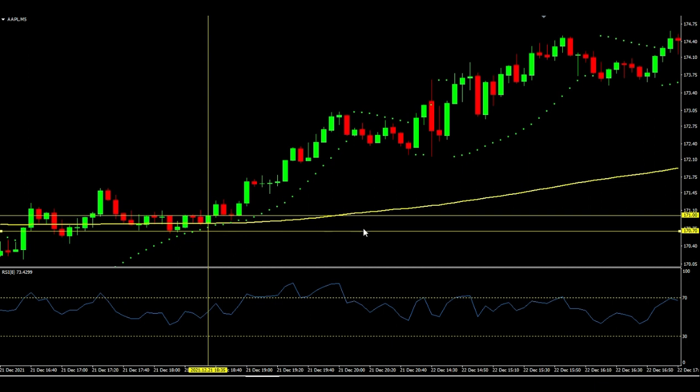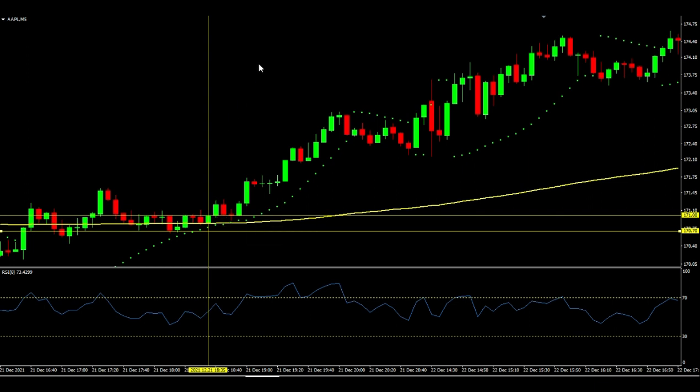This is our entry and this is our stop loss, which gives us a risk of 28 points, 29 points.